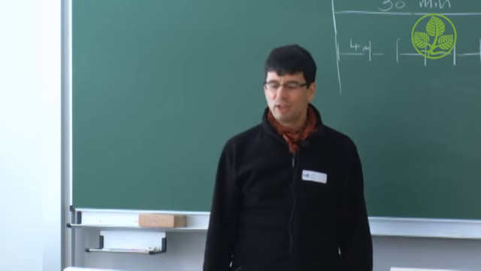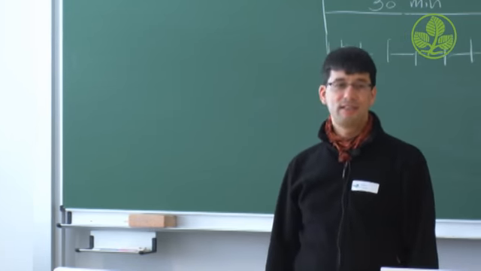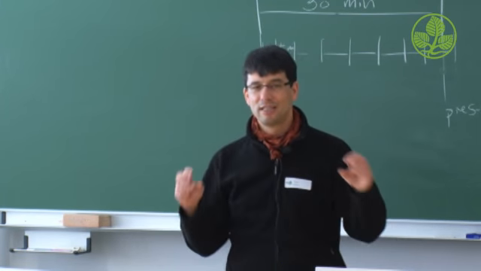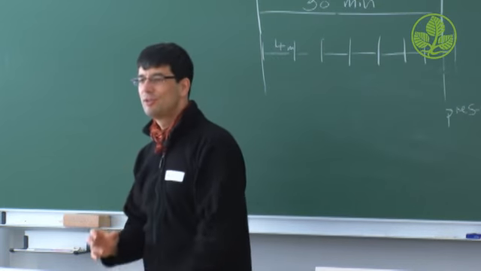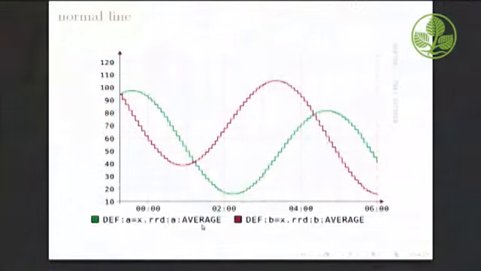So the first instruction you have to know when you're creating a chart is the def instruction, the define instruction, which defines a variable which you can then use to draw a line. And the variable accesses some data out of an RRD file. So it's sort of a compressed fetch instruction.